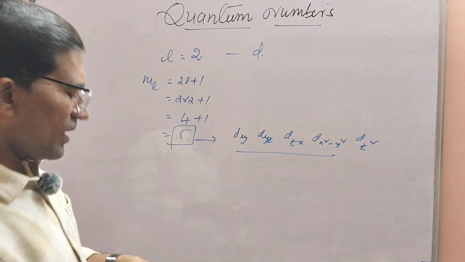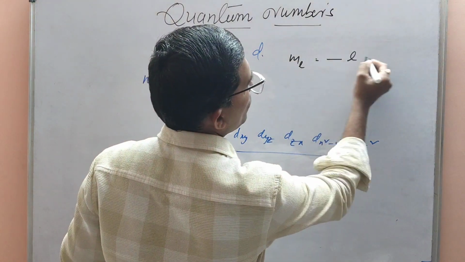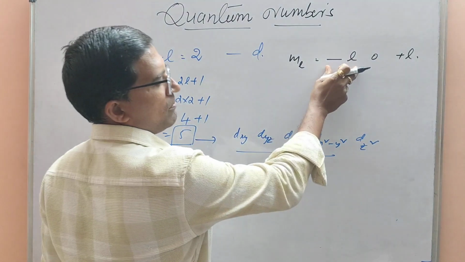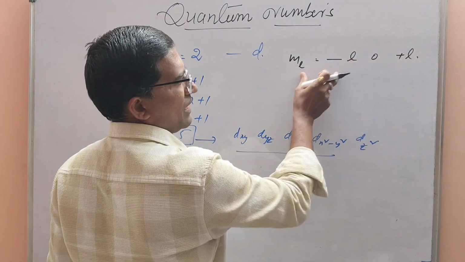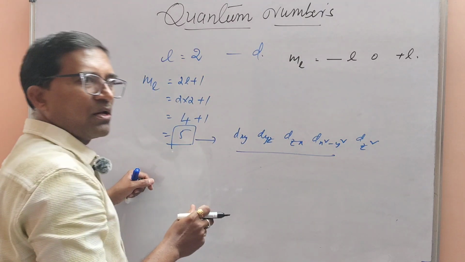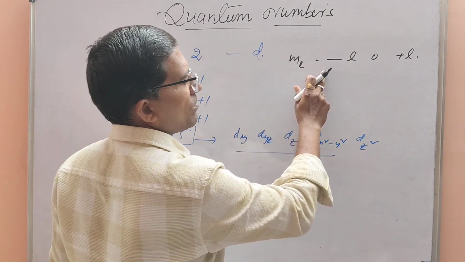The ml values start from minimum, through 0, to the maximum l value. For a given l value, the number of ml values possible is 2l plus 1. Now the ml value starts from minimum to maximum.